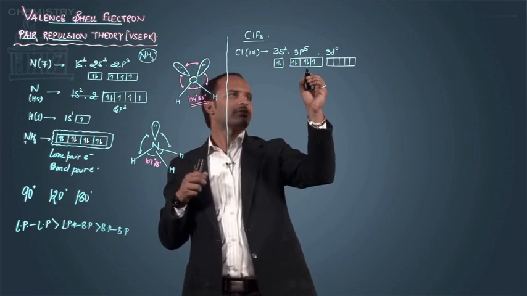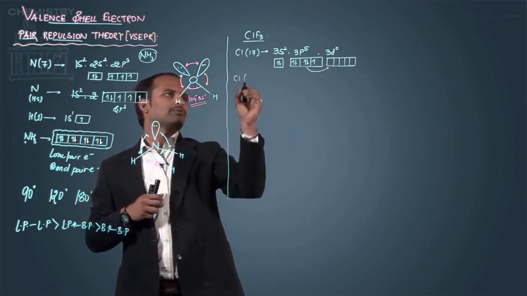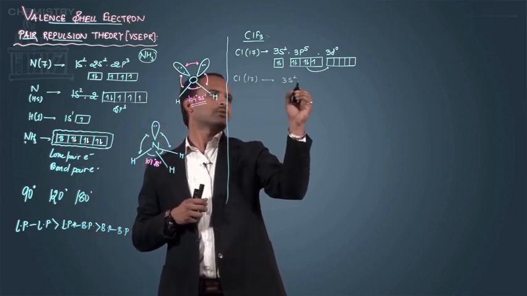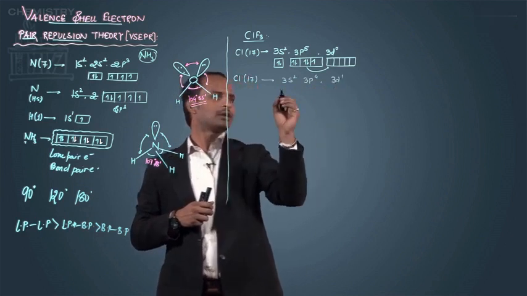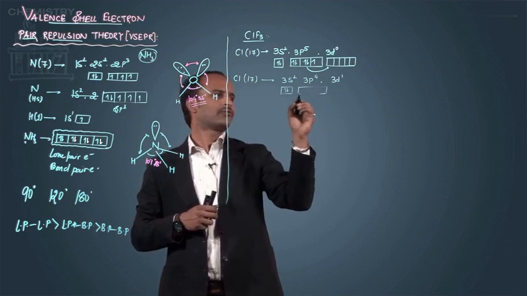So here one electron will be excited from this to this, and chlorine 17 in the excited state will have 3s2, 3p5 becoming 3p4, and then 3d1. So s has 2 electrons, p has 4 electrons now, and d also has 1 electron.